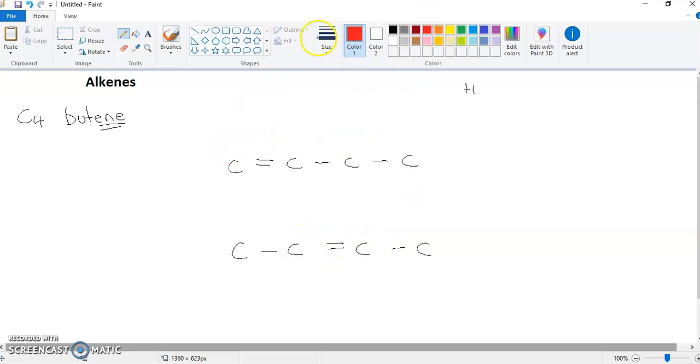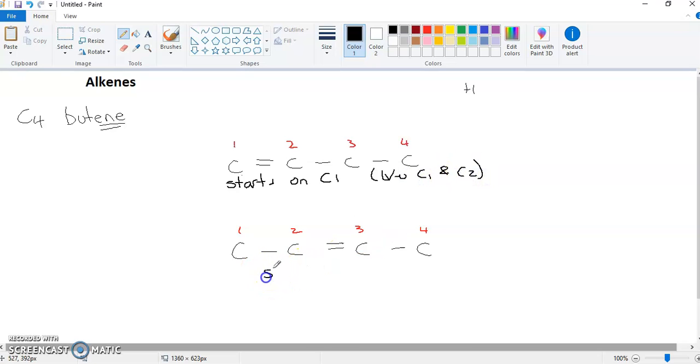Now in both of these, what we can see is 1, 2, 3, 4, 1, 2, 3, 4. The way we tell the difference between these in terms of naming is we need to identify where the double bond starts. For this one, it starts on carbon 1 because it's between C1 and C2.